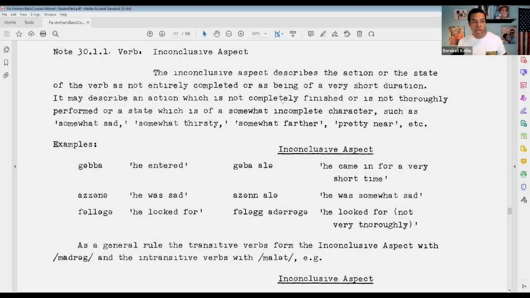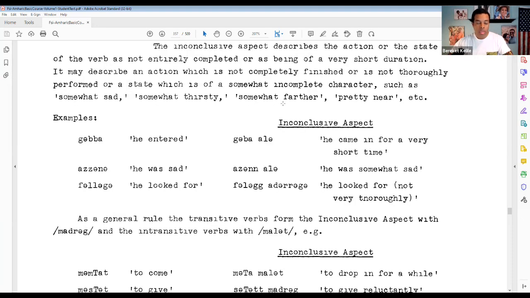And now we're going to look at note 30.1.1, the inconclusive aspect of the verb. The inconclusive aspect describes an action that's not entirely completed, or is temporary, or happened for a short amount of time or to a small degree, such as somewhat, or is not thoroughly performed.